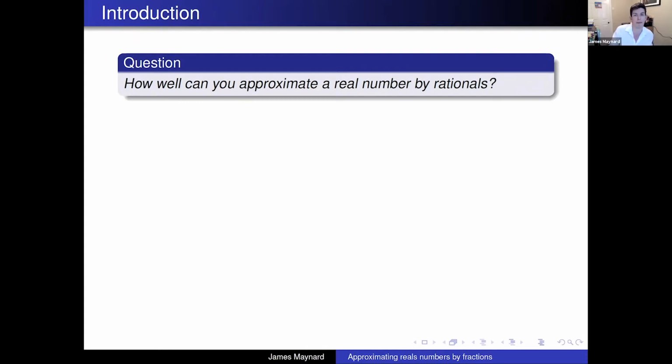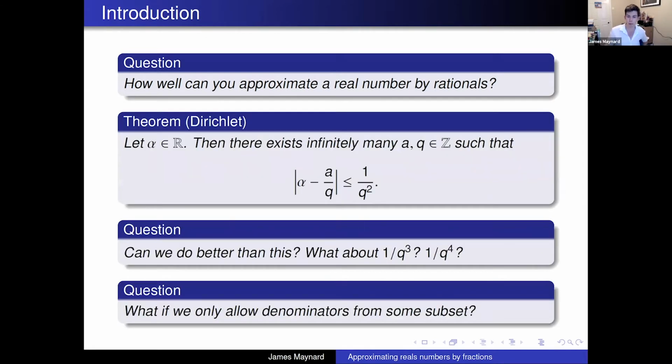And this whole area is known as Diophantine approximation. The first big theorem in this area is Dirichlet's theorem, which shows that for every real number, so we're thinking of maybe your favorite real number, pi or e, there are some special fractions that do rather better. As I said before, if I'm considering rationals with denominator q, I can always get within 1 over q of any real number, and that's fairly trivial.